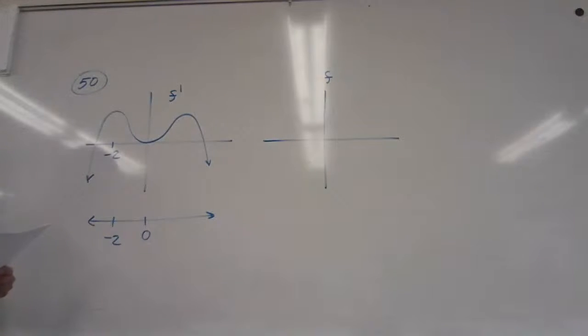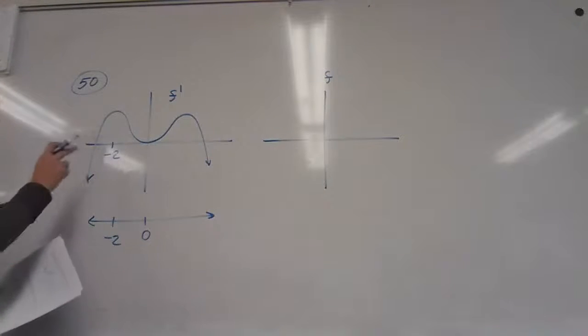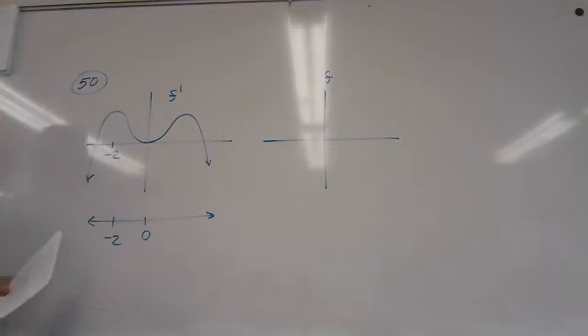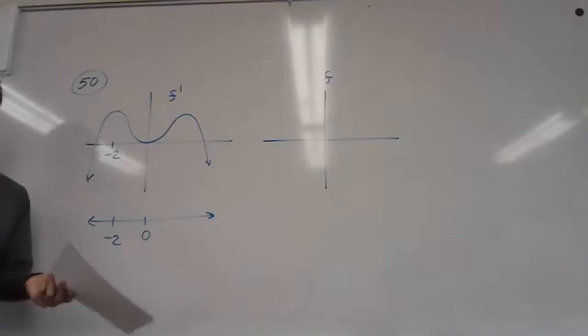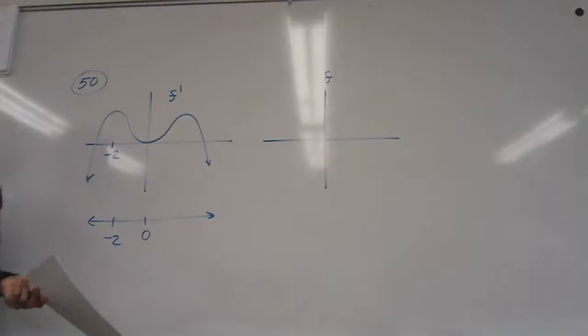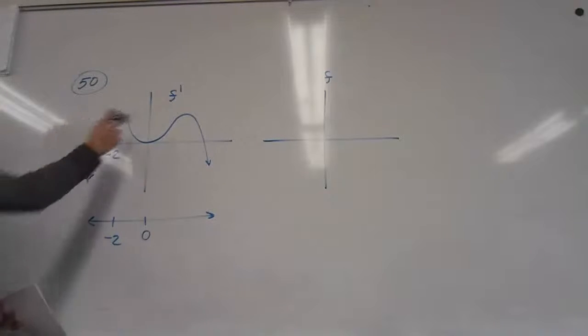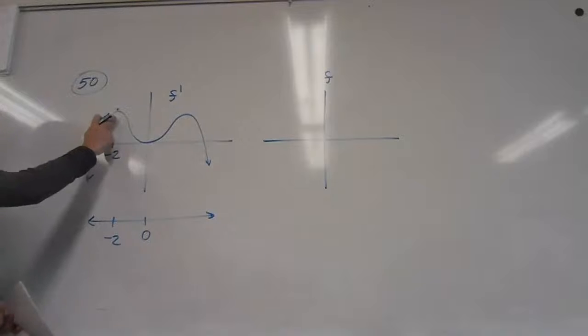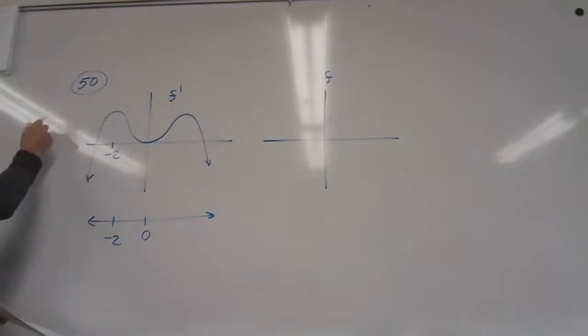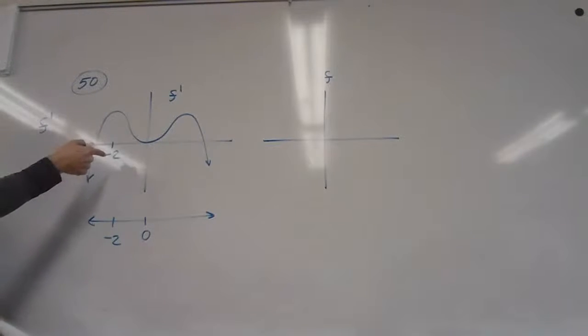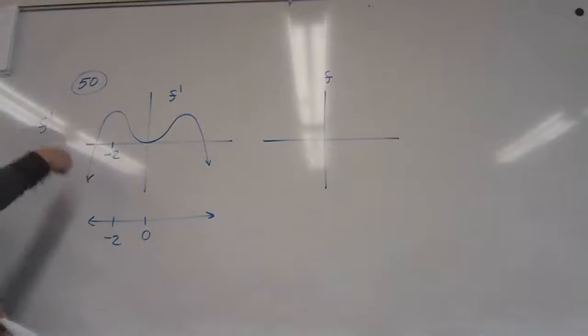But here's the thing. Think about the concavity of f prime. Concavity is about the second derivative, right? So if f prime has negative concavity, you're talking about the second derivative of f prime being negative. What's the second derivative of f prime?